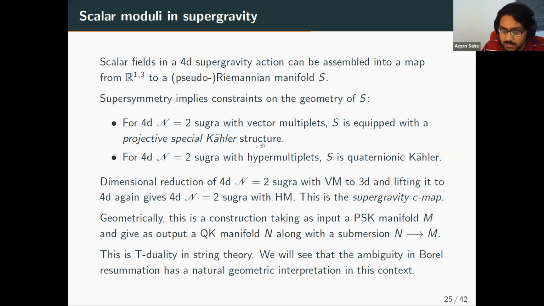I will tell you what that is in the next few slides. And secondly, 4D N=2 supergravity coupled to hypermultiplets, in which case S is quaternionic Kähler.